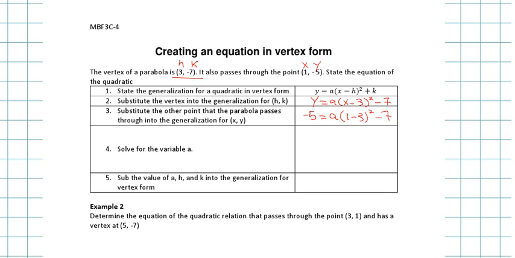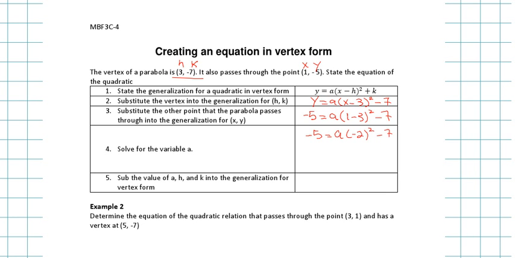So to solve for the variable a, I have to simplify using BEDMAS and reverse BEDMAS. So what's the first thing that I have to do to simplify this? The brackets. So if I do inside the brackets, that's going to give me a(-2) squared minus 7, right? What's after the brackets?